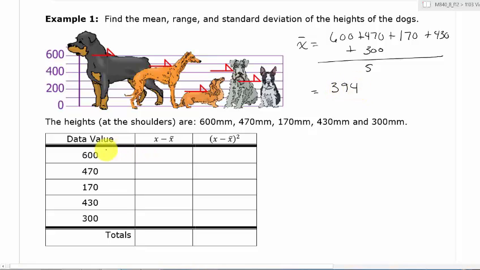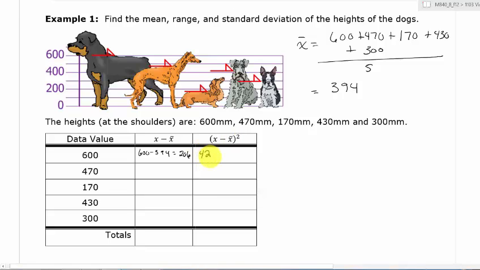And so now we're going to take 600 minus 394. That gives me 206. And then we need to square that. So you might as well go ahead and square it right now while it's in your calculator.